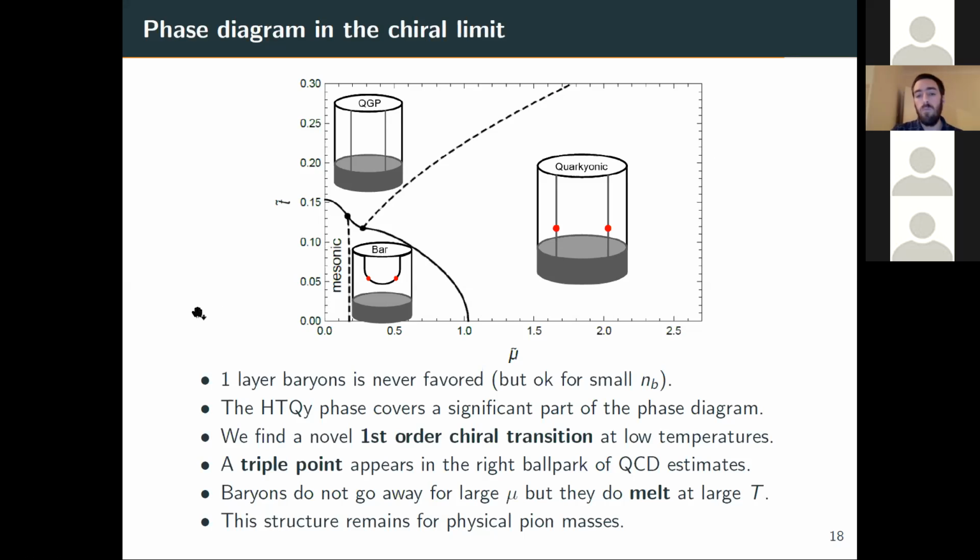The problem we have is that even though the baryons melt when you fix the chemical potential and increase the temperature, they don't really go away when you fix the temperature and increase the chemical potential.